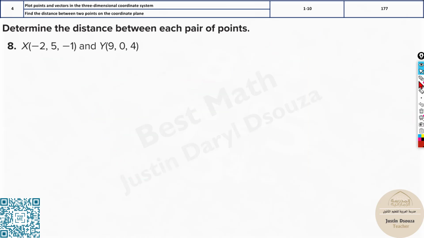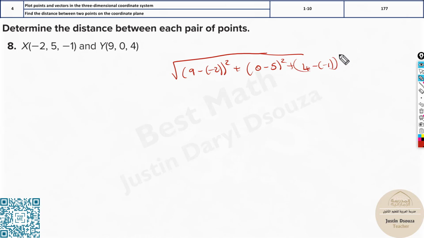Similarly, we can solve the other problems. Let's quickly do it. Same formula, it doesn't change. You need to write the formula in every question, but I'm not going to write it now. I'll directly substitute: 9 minus of minus 2 the whole squared plus 0 minus 5 the whole squared plus 4 minus of minus 1 the whole squared.